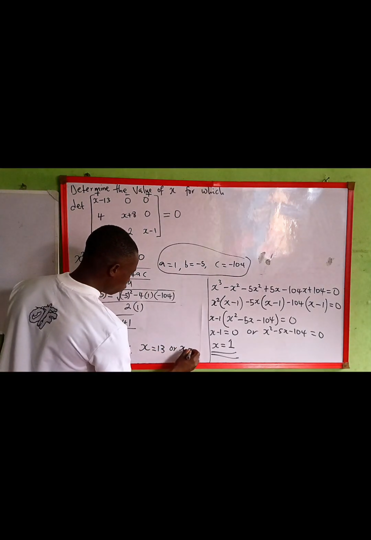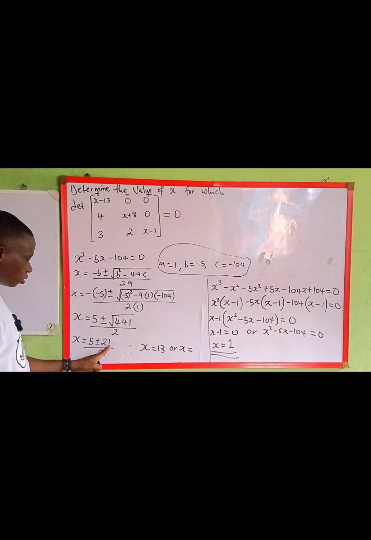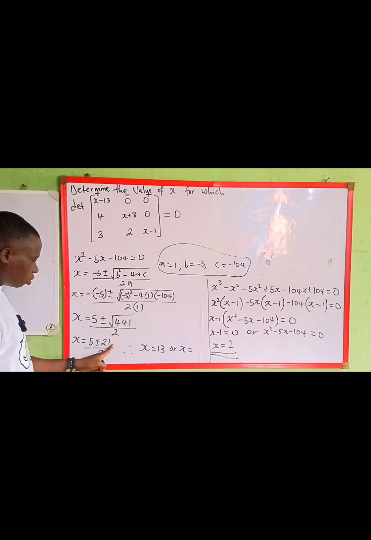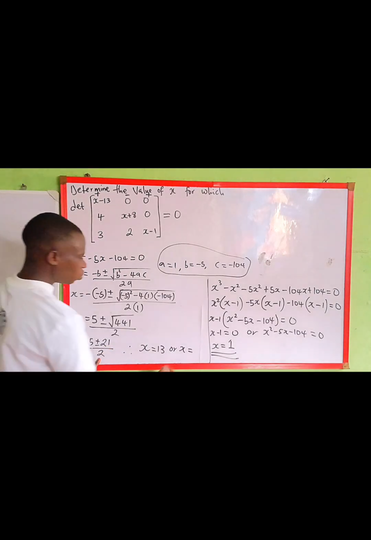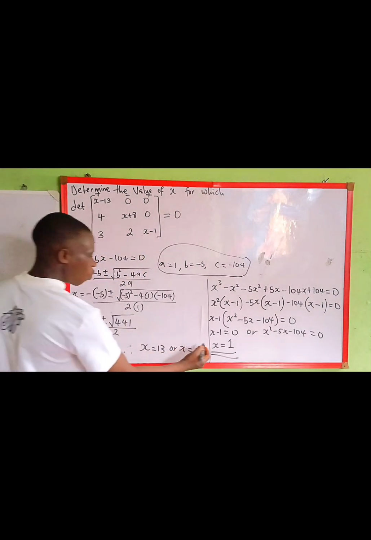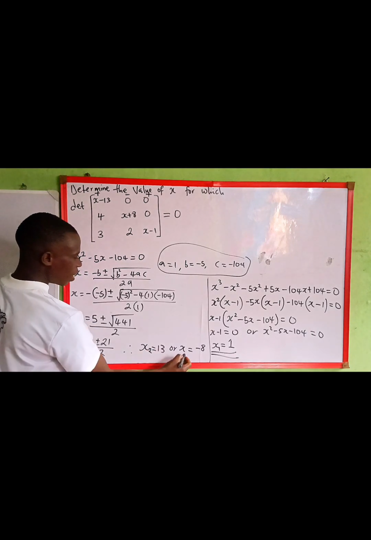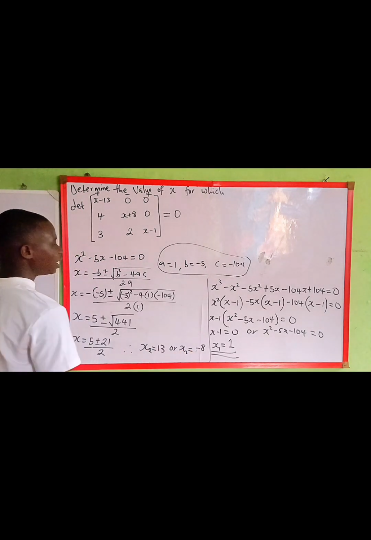Or x2 will be equal to 5 minus 21, which is going to give us negative 16. Then negative 16 divided by 2 is going to give us negative 8. So therefore, x1 is equal to 1, x2 is equal to 13, while x3 is equal to negative 8.